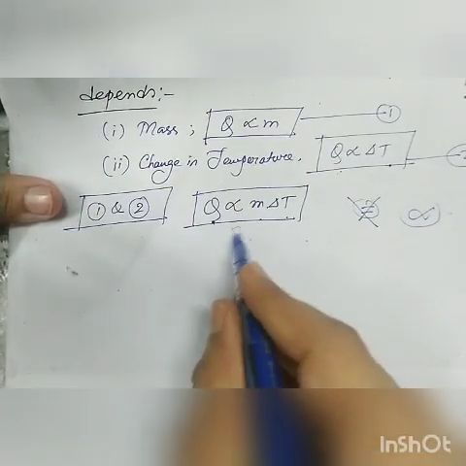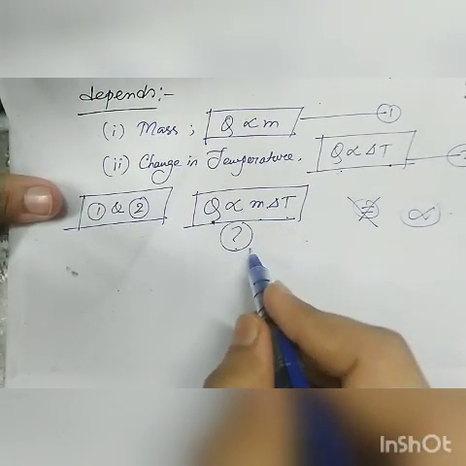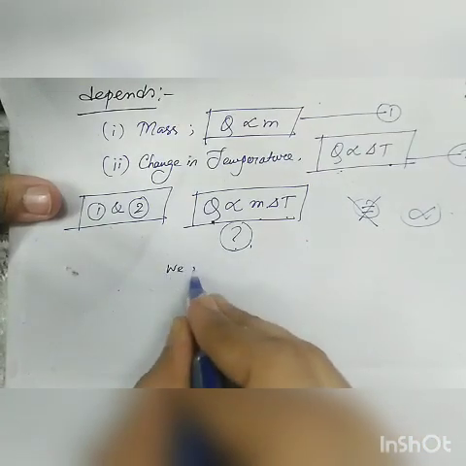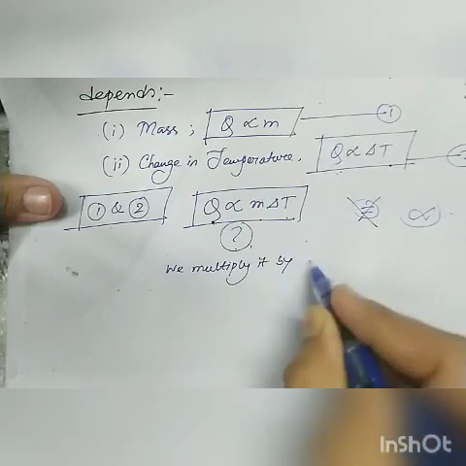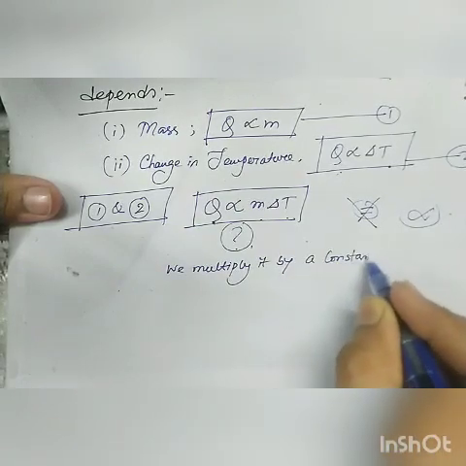So what is required to convert a proportional relation to an equation? We multiply it by a constant.